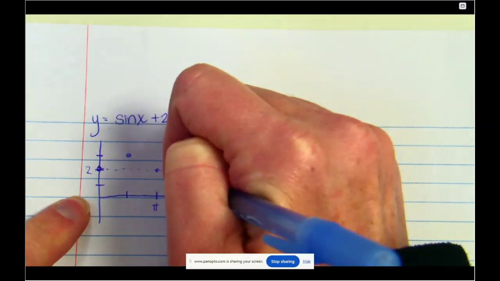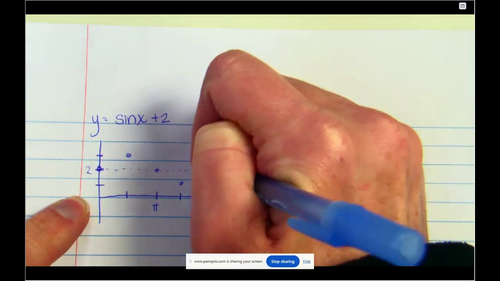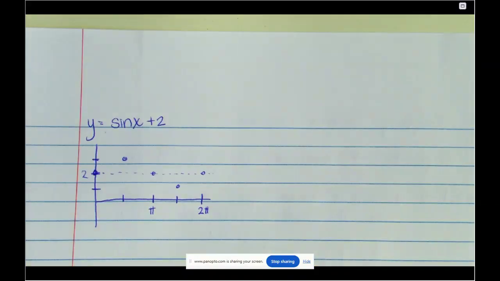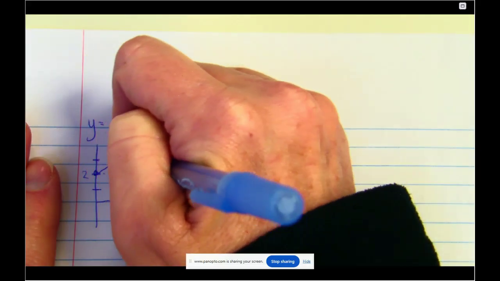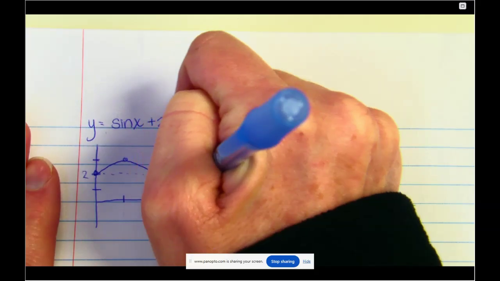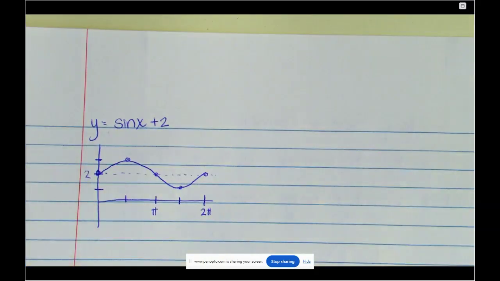It goes down to its minimum, which would be down 1, and it goes back to its middle. So by drawing that dotted line in there, I basically don't have to think once I do that. I treat it like the x-axis, and my 5 points are just around the line at 2 instead of the 0 at the x-axis. And then there's my graph, which is the graph of sine x plus 2.